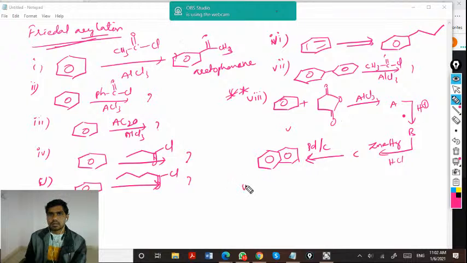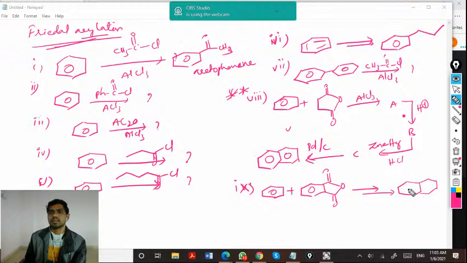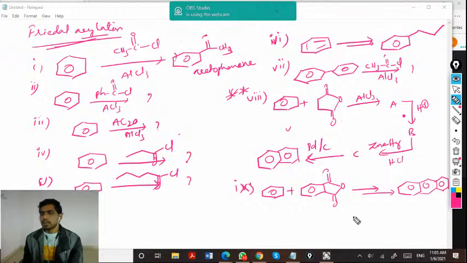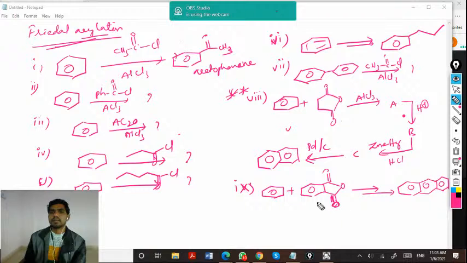Next, similar to that, this is anthracene. Similar reagents, and the product will be different as the starting materials differ.